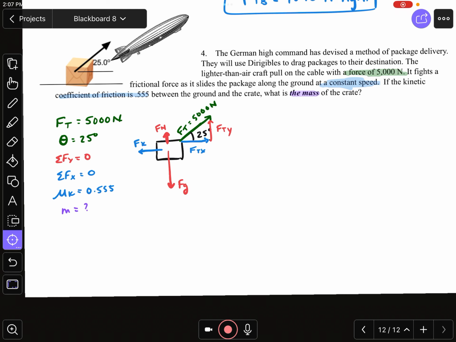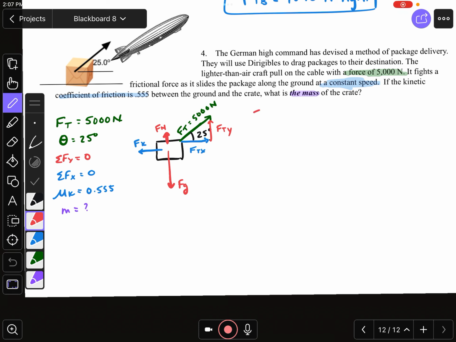Now, they will be exactly equal to Fn plus Fty when we do our calculations, but you should also be able to see it within the picture. Since it's moving at constant speed, Fk and Ftx should be about the same size as well. And I did my best to make that true. All right.